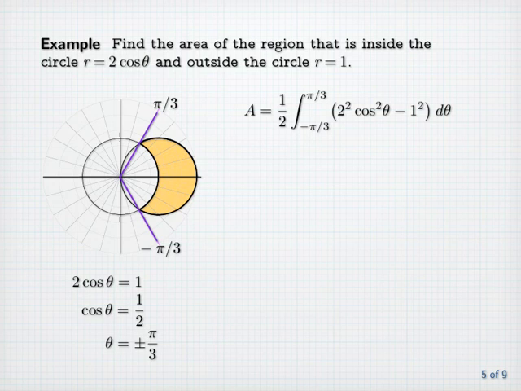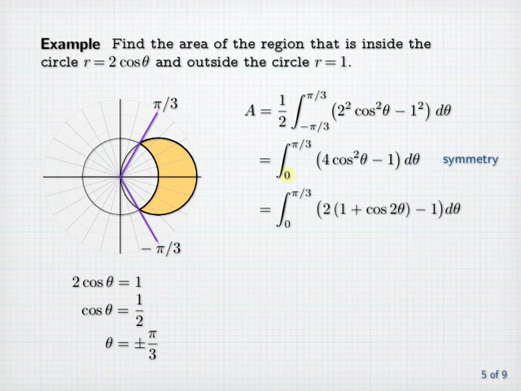By symmetry, the integral here equals 2 times the integral from 0 to pi over 3, so the area will equal the integral from 0 to pi over 3 of 4 times cosine squared theta minus 1 d theta. Now let's rewrite cosine squared theta as 1/2 of 1 plus cosine of 2 theta and simplify.